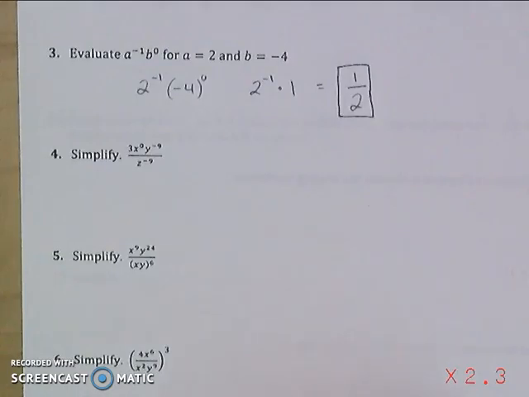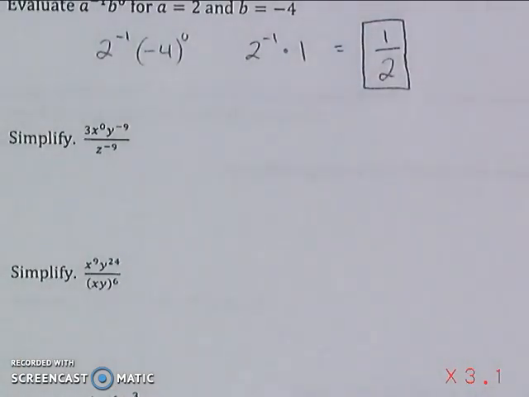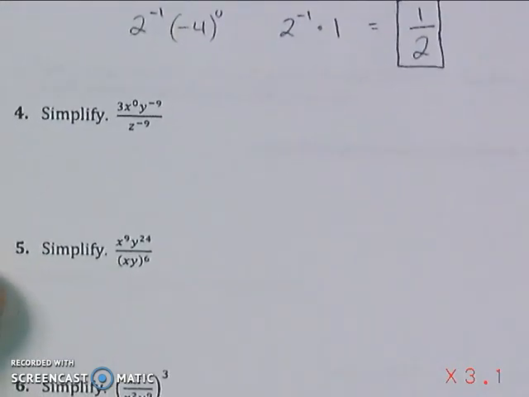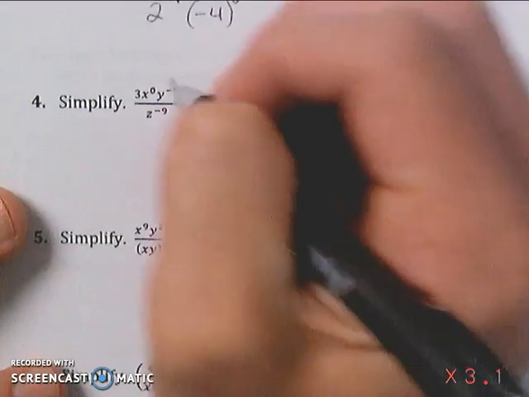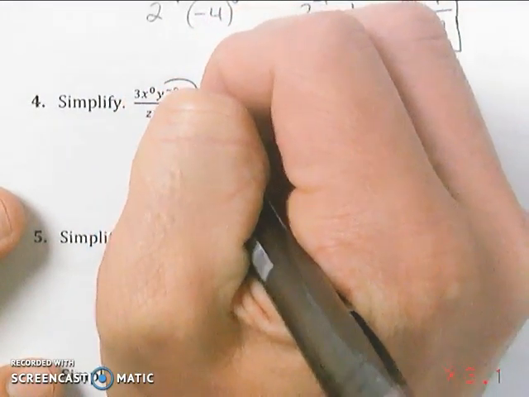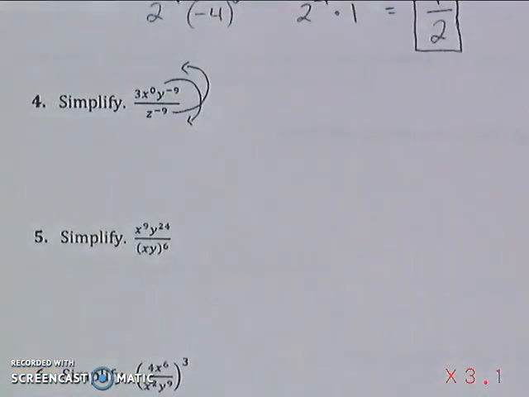Alright, number 4. Just going through all these, remember wherever I see negative exponents, let's zoom in a little bit, I want to go ahead and do the opposite, or flip it into the opposite spot. So this y is going to come to the bottom, and the z is going to come to the top. So they're going to almost switch spots.